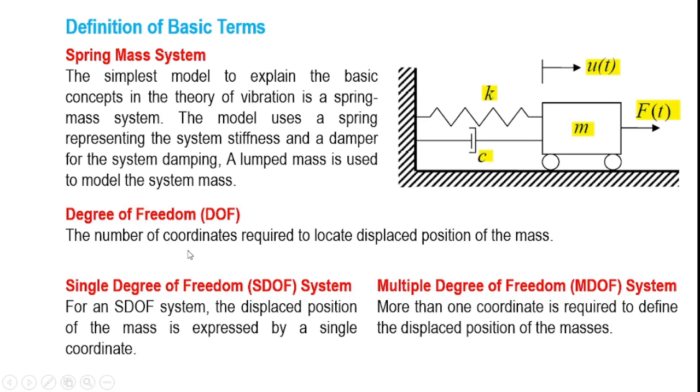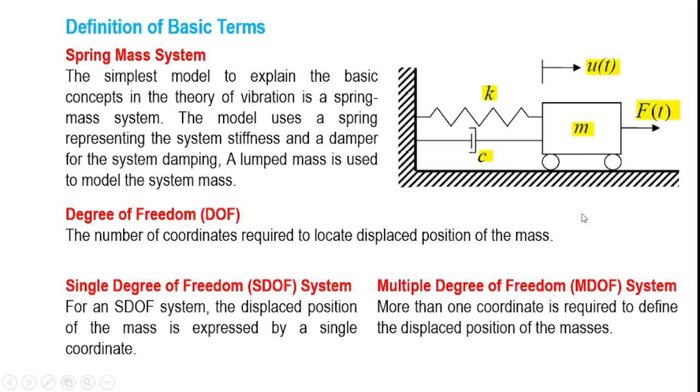As the term suggests, in an SDOF system, the displaced position of the mass is expressed by a single coordinate. Look into this sketch. You can see that in order to fully describe the dynamic response, only one coordinate is required, that is u(t), the displaced position of this mass m from its equilibrium position.